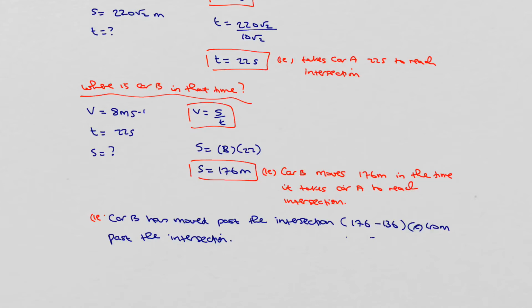Okay, so now we can actually draw our diagram. Let's go on to the next slide for our diagram. This time B is actually past A. So we're going to have B here on the left, A at the intersection. What's the distance between them at this point? B has moved 40 metres past the intersection, so there's going to be 40 metres between them. The relative path: where was A going relative to B?